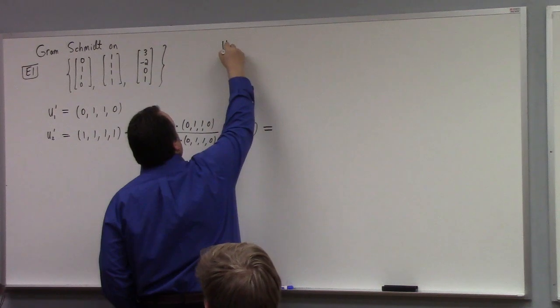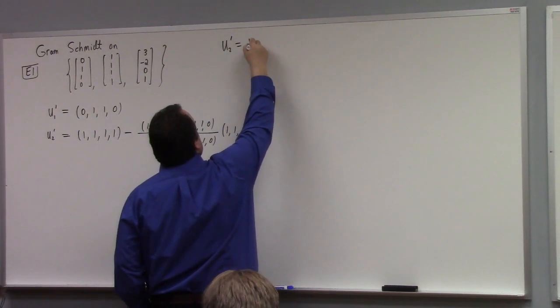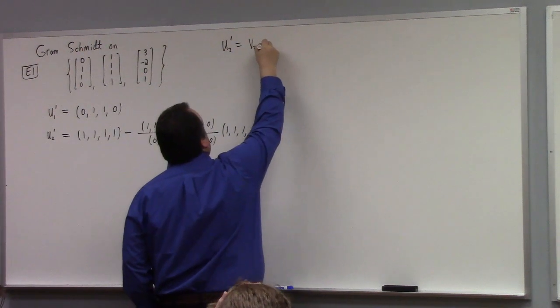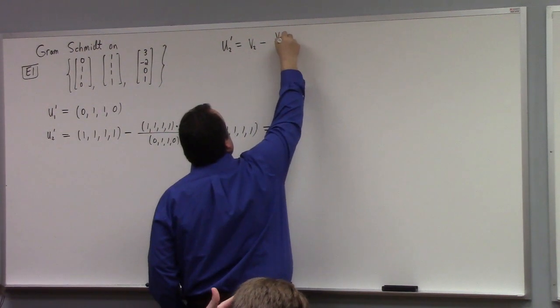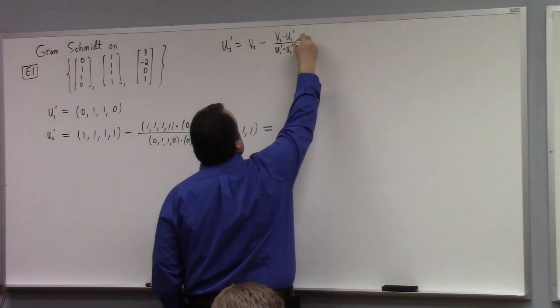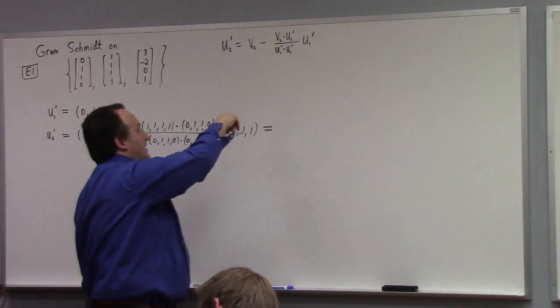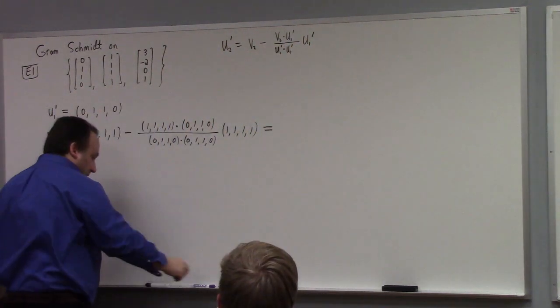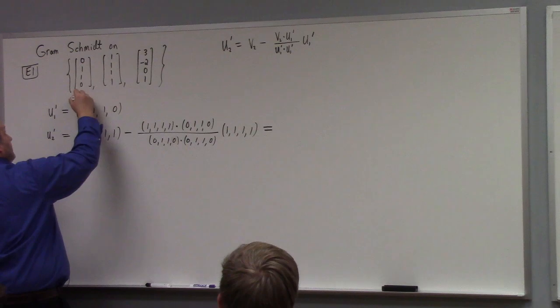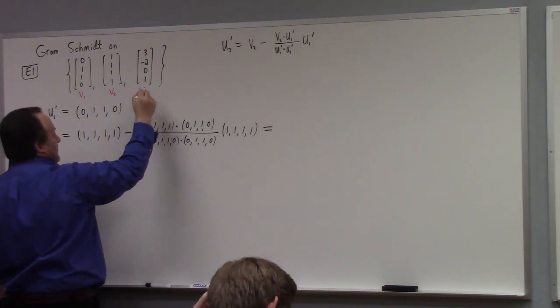For example, u2 prime is supposed to be v2 minus (v2 dot u1 prime divided by u1 prime dot u1 prime) times u1 prime. Notice that's u1 prime, not my v2. True to my word, I found a way to mess up Gram-Schmidt.